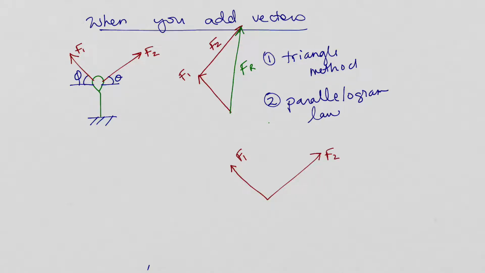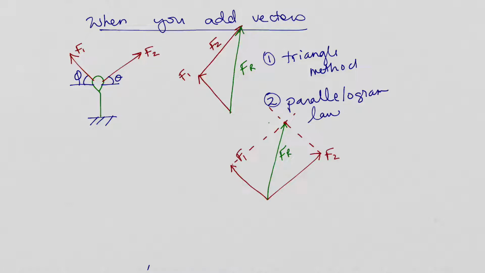Then we basically just take, at the tip of F1, we draw a line that's parallel to F2, and then we do the same for F2. So this is parallel to F1. And where those two parallel lines intersect is where that resultant force will go to. So that would be the parallelogram law way of doing it.